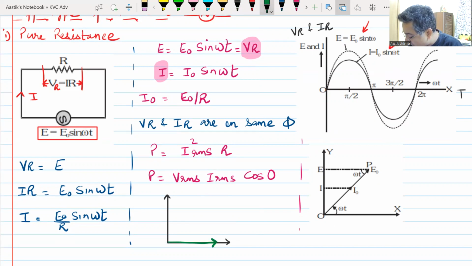The phasor of voltage is E naught here, or, sorry, not writing it as ER, let me write it as VR. You understand the meaning of VR? Voltage across resistor. Then if voltage across resistor is here, where will be the current across the resistor? It will be a bit smaller, assuming that resistance is more than 1 ohm. So they are in the same phase.